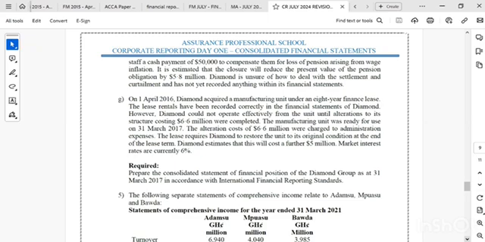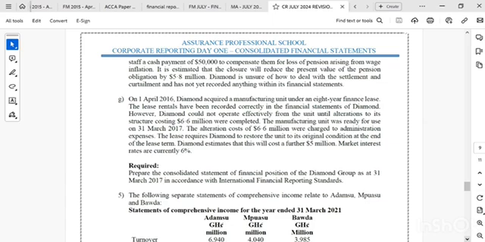In April 2016, Diamond acquired a manufacturing unit under an 8-year finance lease. The lease rentals have been recorded correctly in the financial statements of Diamond. However, Diamond could not operate effectively from the unit until alterations to its structure costing 6.6 million were completed. The manufacturing unit was ready for use on 31 March 2017.